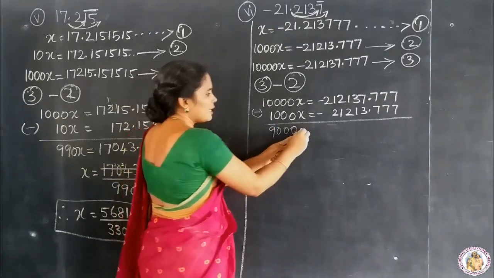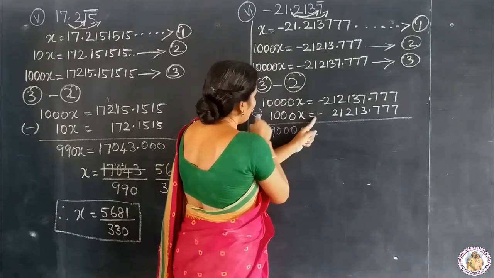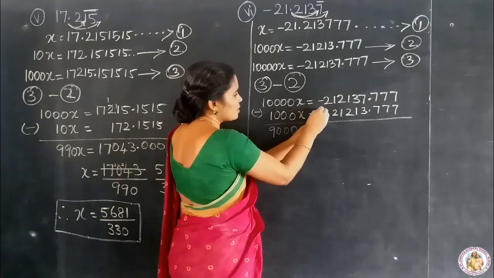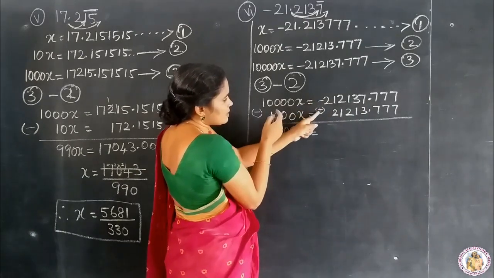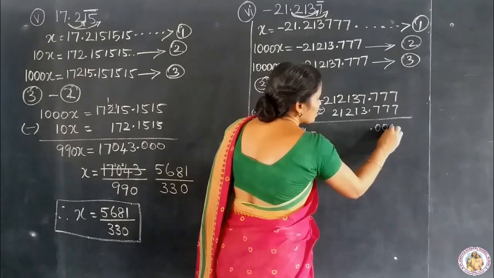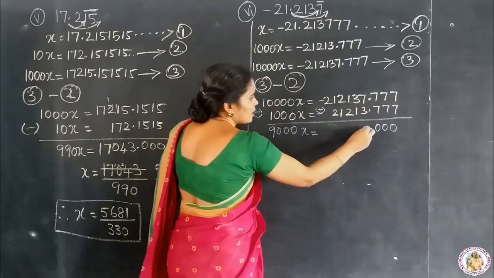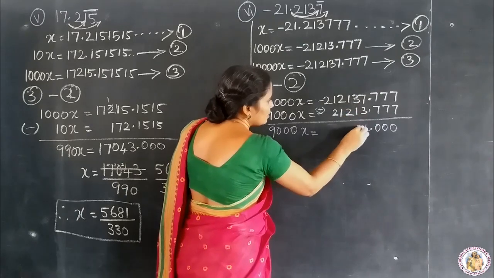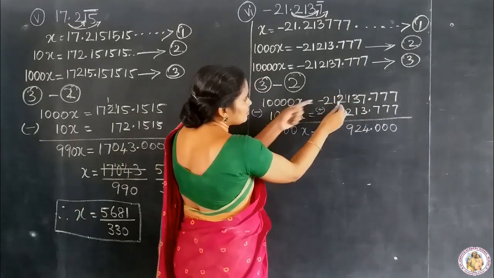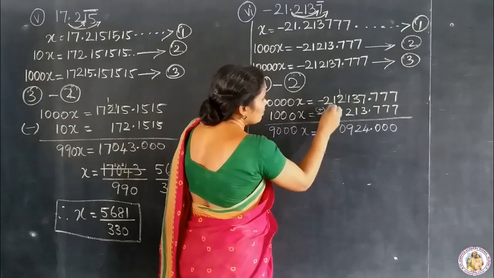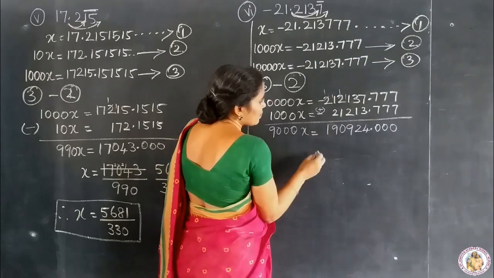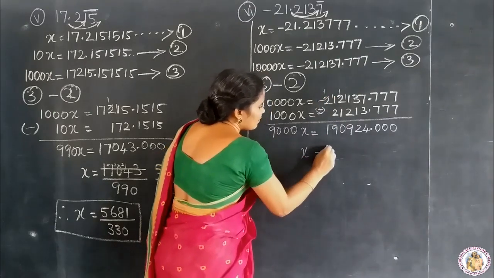So 9,000x is equal to, here we are doing subtraction, already we have minus, so different sign, again subtraction. So 0 after decimal 0, 0. 7 minus 3 is 4, 3 minus 1, 2. 11 minus 2, 9. 1 minus 1, 0. 9, 1. Okay.